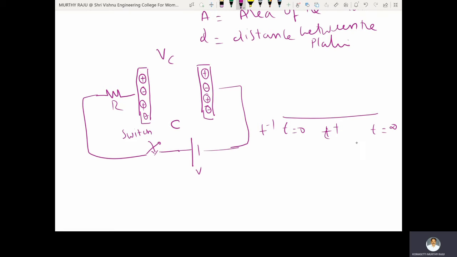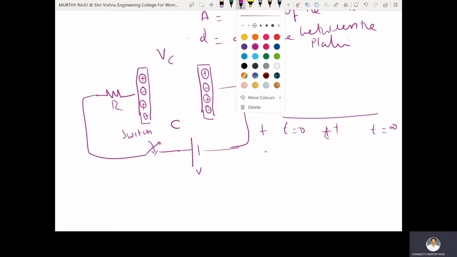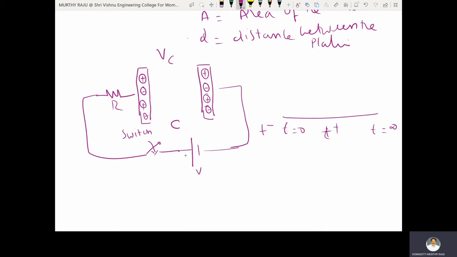At t equal to infinity, steady state has been reached. At the instant t minus, before t equals 0, the switch is open. This is the circuit belonging to t minus.